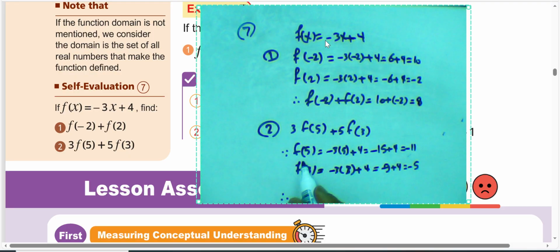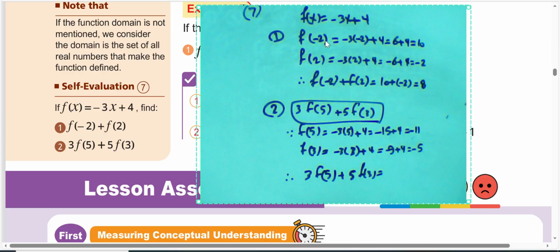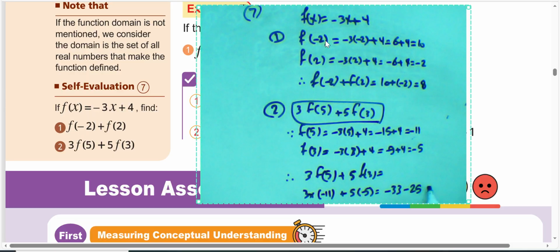Then 3 f of 5 plus 5 f of 3. 3 times f of 5 was negative 11, plus 5 times f of 3 was negative 5. 3 times negative 11 will be negative 33. Negative 5 times 5 is negative 25. Then collect together, the result will be negative 58.